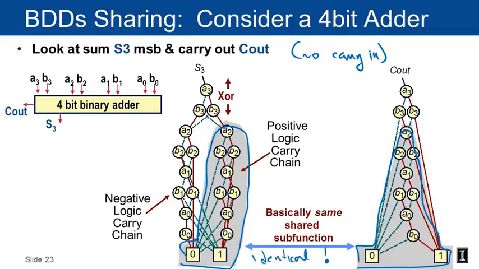Do I actually have to build all the stuff in gray twice? If I physically build a BDD package, and I physically build the data structures for the sum 3 bit and the carry out bit, do I have to physically build 2 copies of those gray nodes? Gosh, I hope not. That would be very, very inefficient.